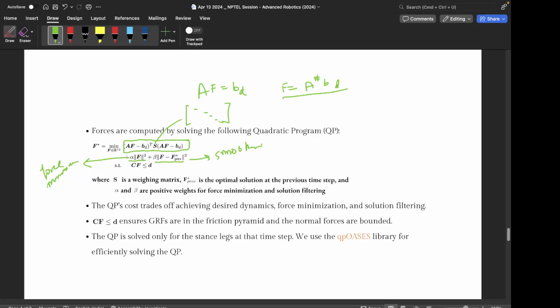And there is a constraint also, right? Because we are solving for forces, and contact forces have constraints. So the constraint is the friction constraint.